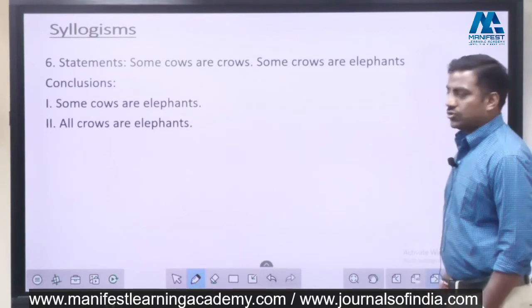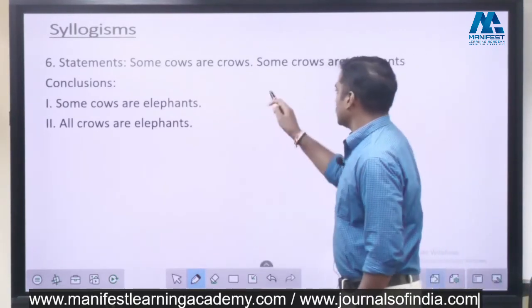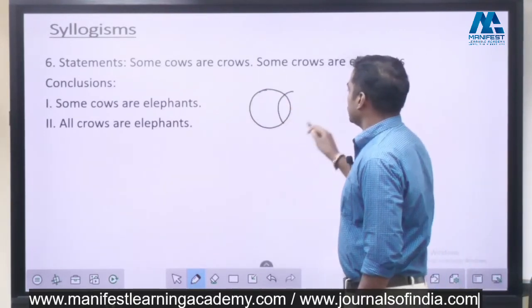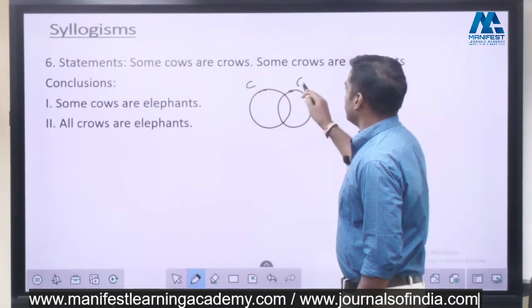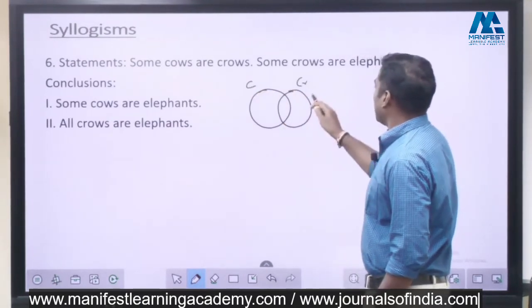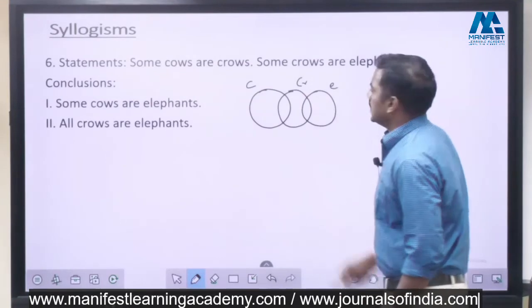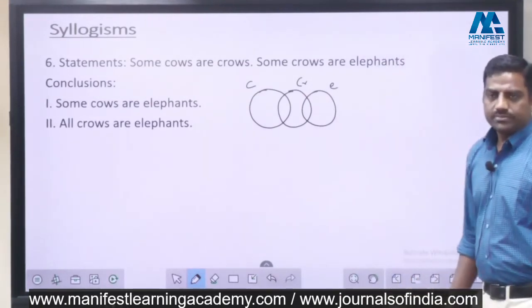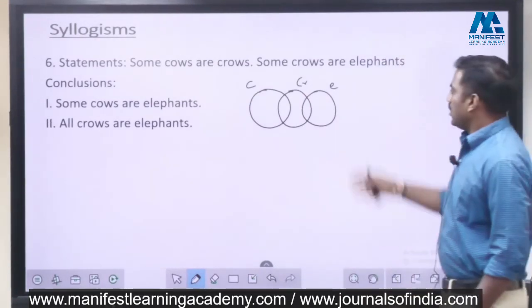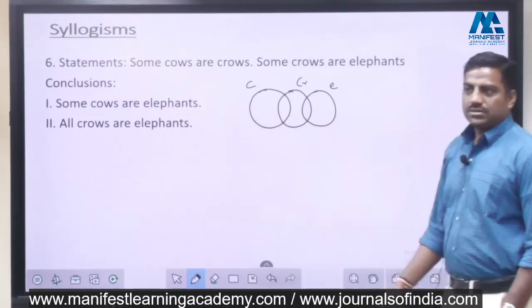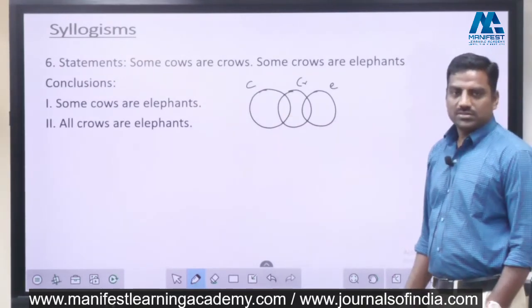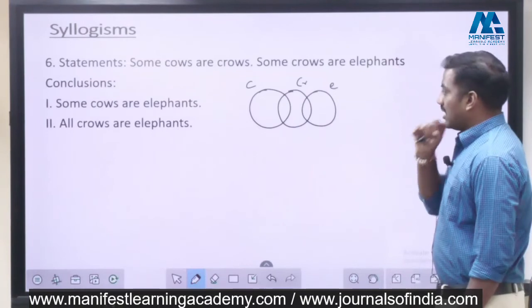Some cows are crows. Some crows are elephants. This is the most exclusive diagram. Don't take elephants near cows. Okay? Now, conclusions.